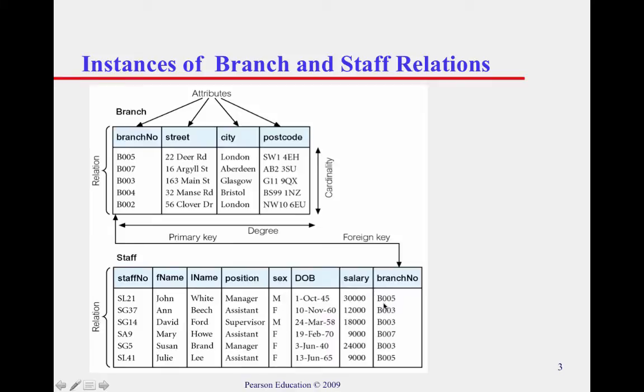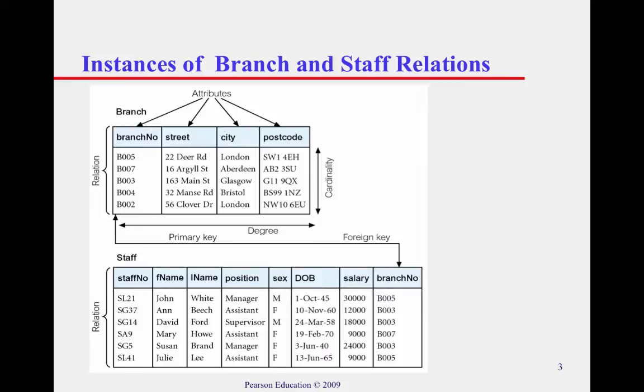Instead of saying that John White is in branch B005, we could have said the street address is 22 Deer Road, the city is London, and the postcode is SW14EH, but that would have contained a lot of redundant information, and if we updated that information in the branch and then updated it in the staff, we would have inconsistent data.